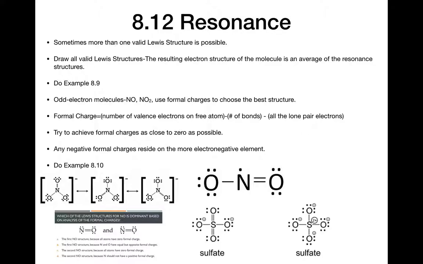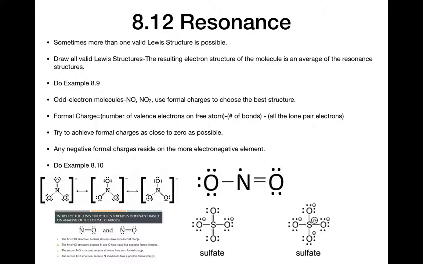However, another valid Lewis structure would be to simply place the double bond attaching a different O, and another one would be attaching to the third oxygen. So the question is, where does the double bond go? All 3 oxygens are equivalent locations for the double bond, so which one does it appear on?